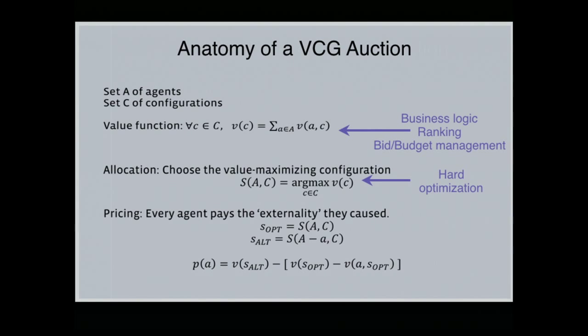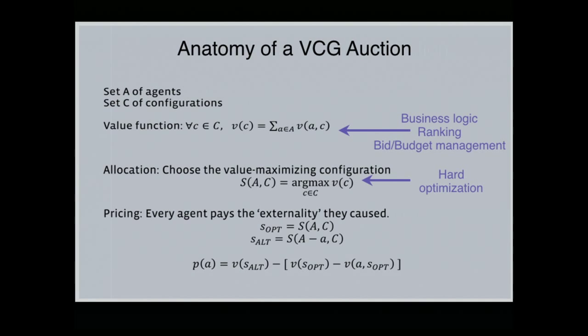But there are other rules as well, some saying that we don't want a given user to see too many ads, so there's business logic that potentially changes the values of various configurations. In addition, this is thinking about a single auction in isolation, but there are cross-auction dependencies such as budget constraints that also play into what we think about as an individual bid.